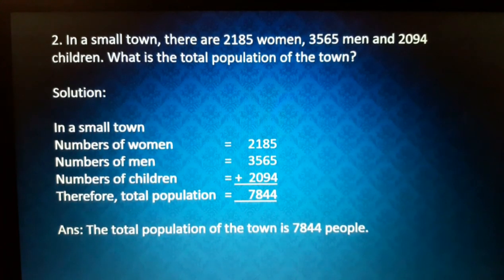We have 3 dots and we have to arrange those 3 dots like a triangle, and those 3 dots symbolize therefore. So we don't write in words, we write in symbol, that is, therefore total population is this. Is it clear? Let me go for the next number.